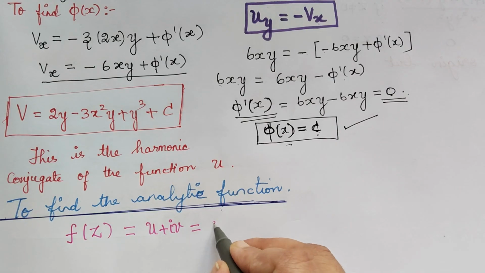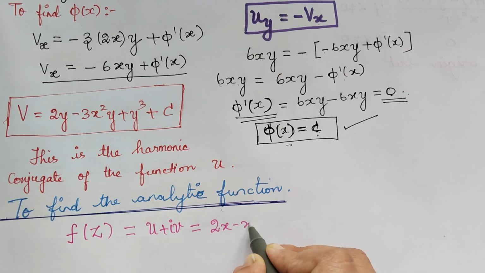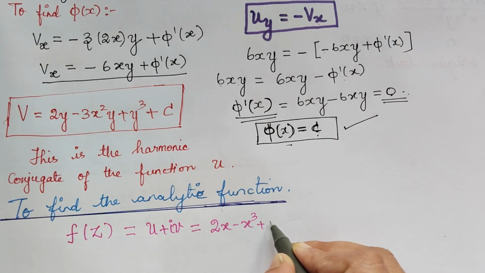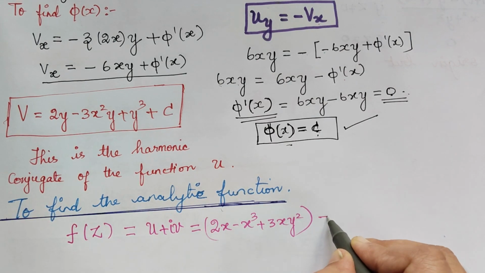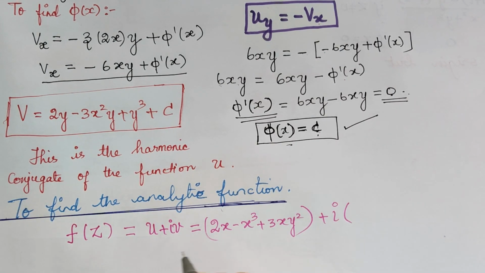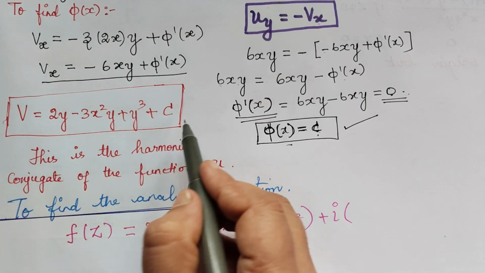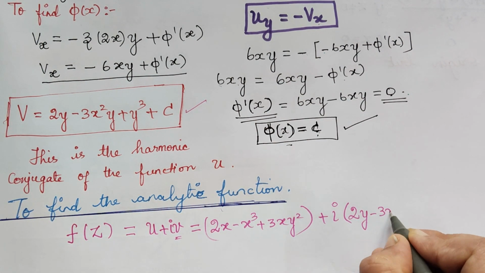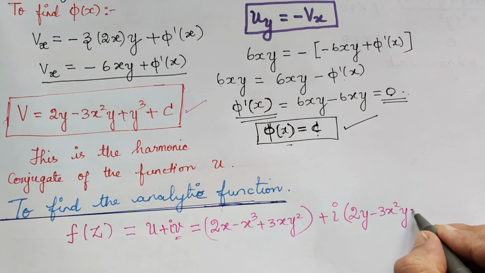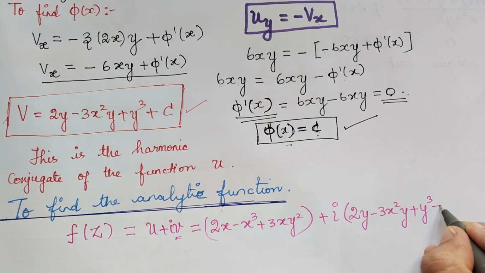So it will be 2x minus x cube plus 3xy square plus i multiplied with v. What is v? We have obtained here: 2y minus 3x square y plus y cube plus c. So this is only v.